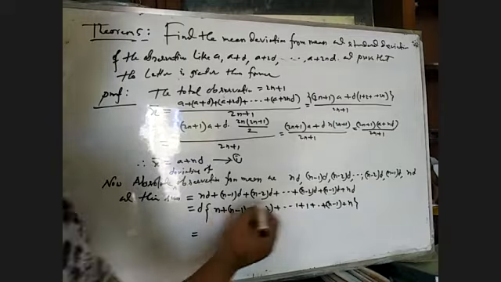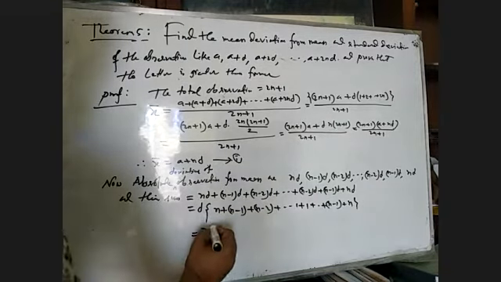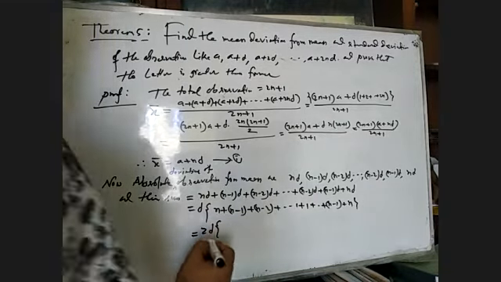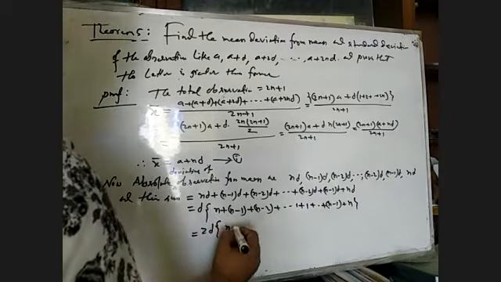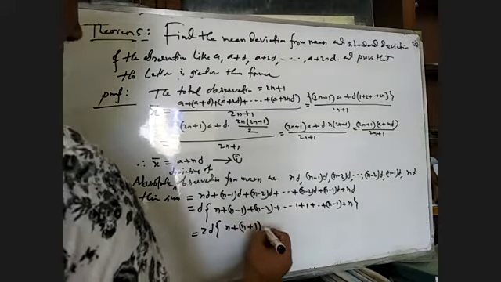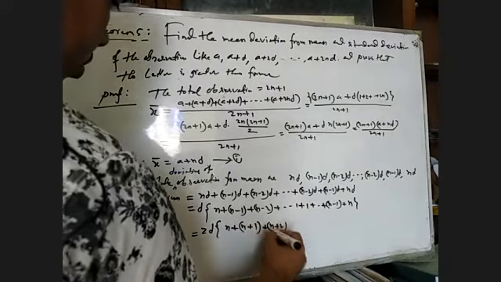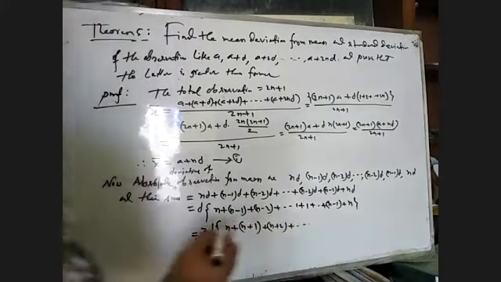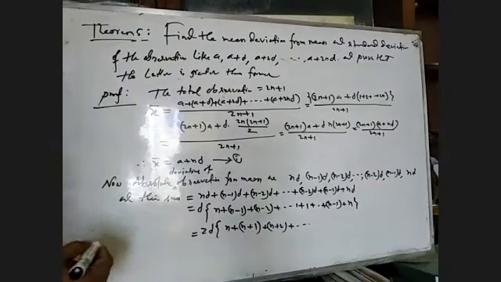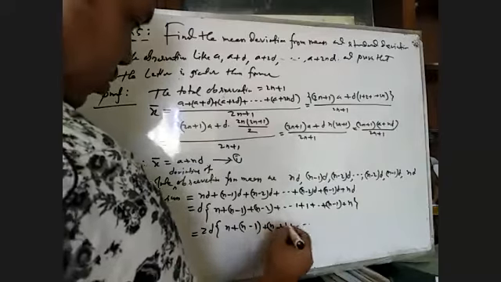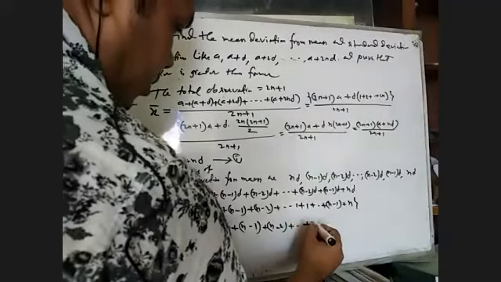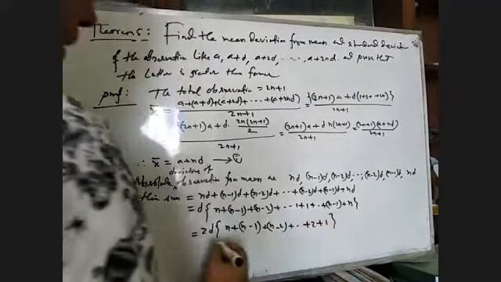Twice n. How many n minus 1? 2 times. So 2 will be common. n plus n plus 1, n plus 2 dot dot, how many? Sorry, n minus 1. This will be n minus 1, n minus 2 plus 2 plus 1 in this way.